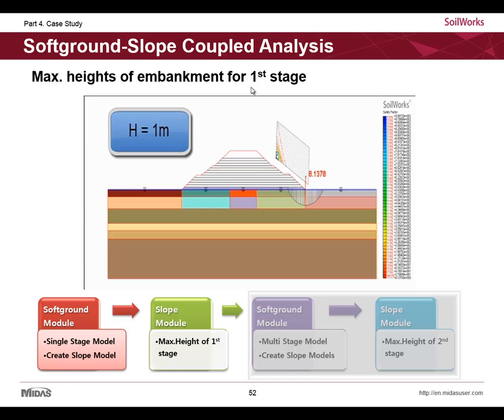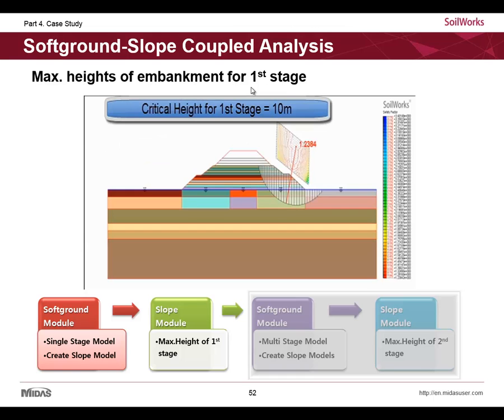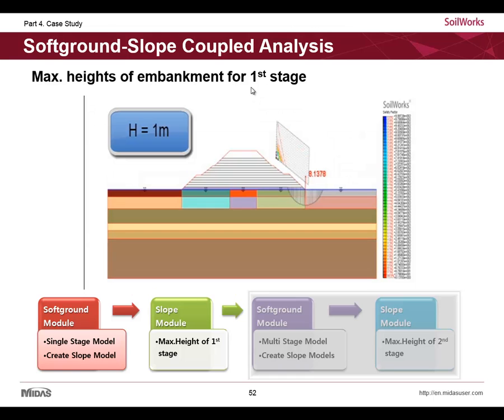So first of all, we need to perform 1D consolidation analysis with a single stage and then create the slope model. In the slope model before the increase in strength of soil, we can divide the embankment surface horizontally at an interval you want automatically. After that, we can execute slope stability analysis for each stage, as you can see in this video.